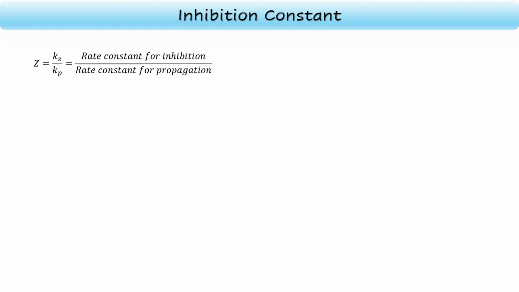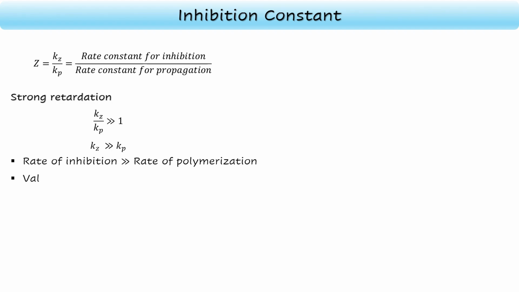Remember, since initiation and termination happen once for a chain and most of the reaction in polymerization is propagation, the rate of polymerization means the rate of propagation. For a strong inhibitor, the value of Z is much greater than 1, or we can say Kz is very big compared to Kp. This is valid until the inhibitor concentration is significantly reduced.